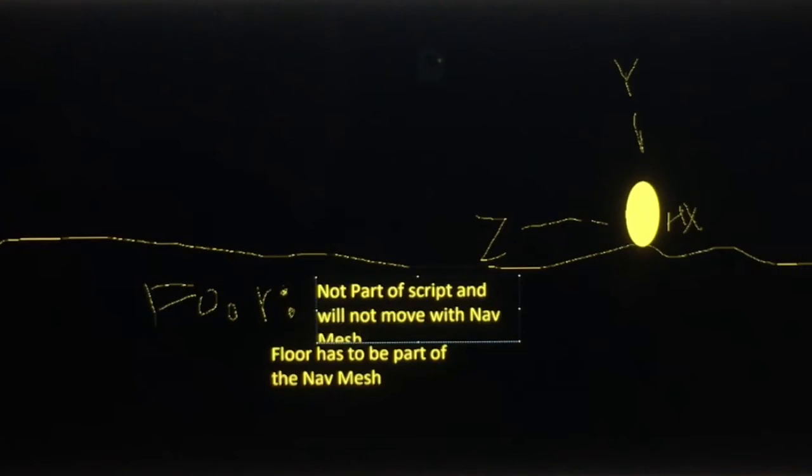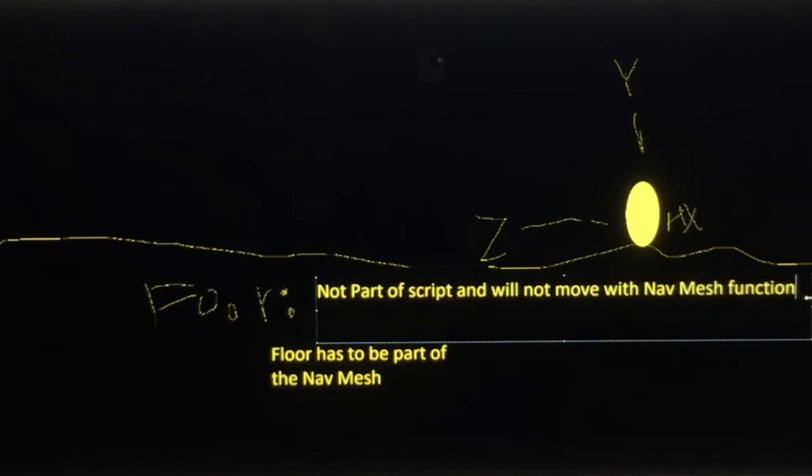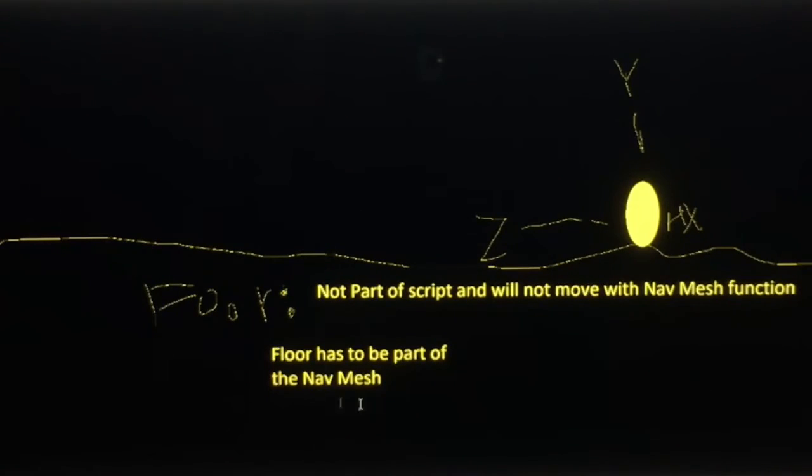It always stays the same. So it always has to be part of the Navmesh, but we have to turn off a certain function so it doesn't move with our capsule. Because if the floor moves, the capsule's position would be changing, but it's not moving. So things could get a little messed up there.